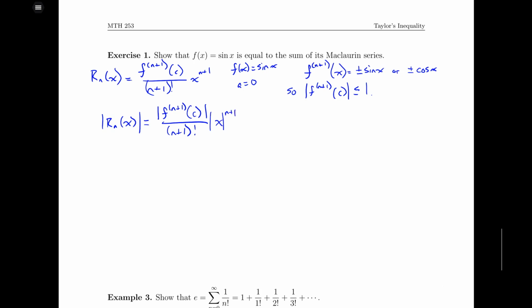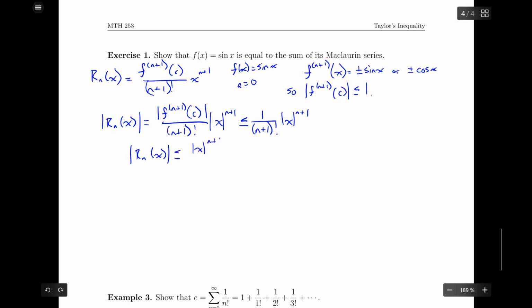But we now know that the n plus first derivative is never any larger than 1. So this is less than or equal to 1 over n plus 1 factorial times the absolute value of x to the power of n plus 1. And this says that our Lagrange remainder, R sub n of x, is less than or equal to the absolute value of x to the n plus 1 over n plus 1 factorial.